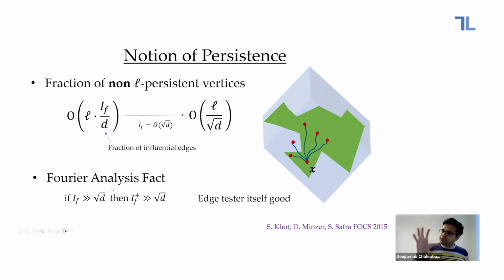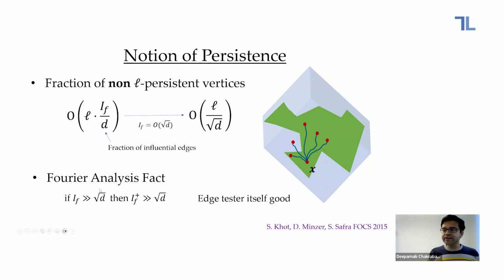The same proof, if you stare at it and you say, well, suppose it is not at most 2 times square root D, suppose it is at least 10 times square root D, the same proof will tell you that there must be a lot of terms which are anti-monotone present in it, and they correspond to violating edges.